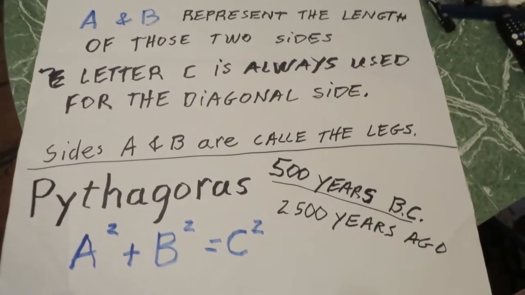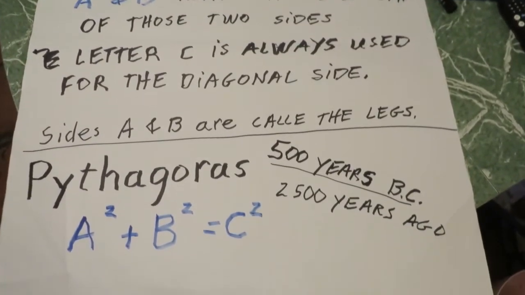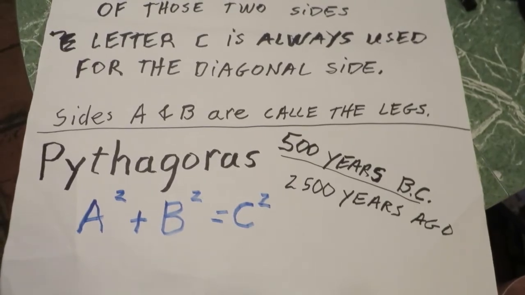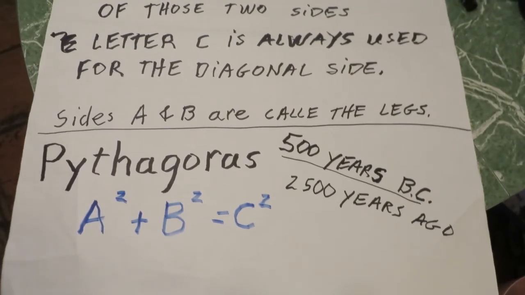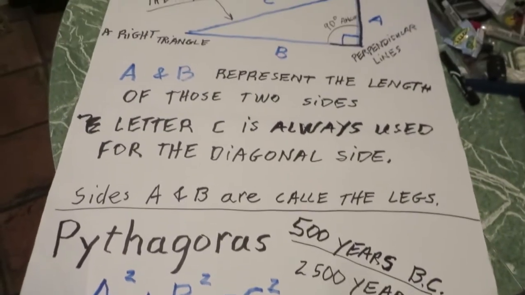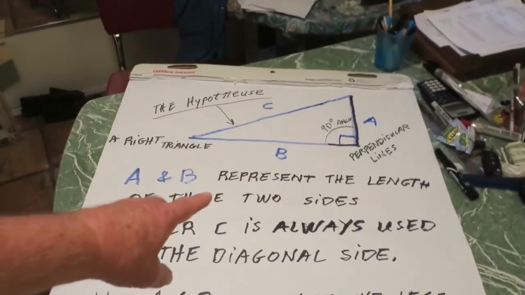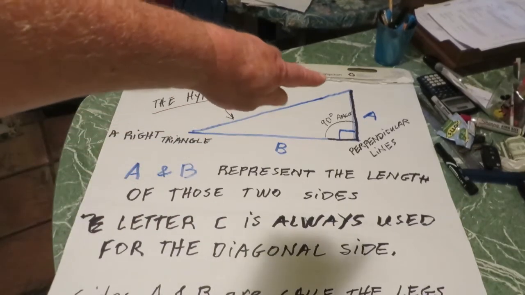2,500 years ago, they credit Pythagoras with this idea. On our right triangle, let's say you know the length of any two of the lines.